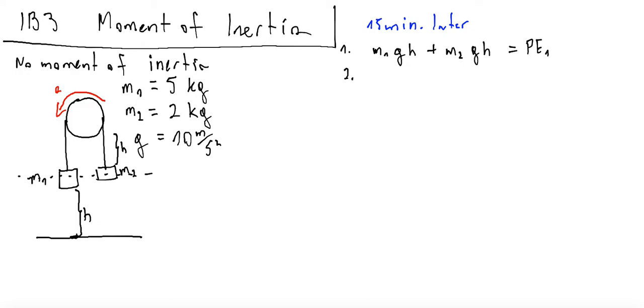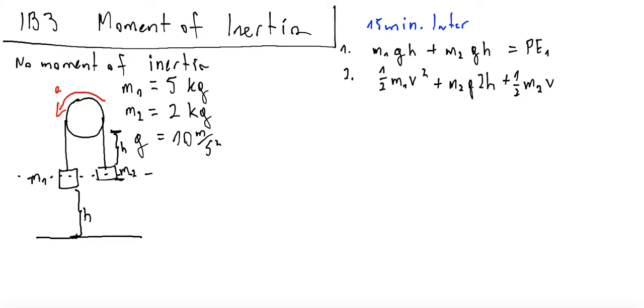We have mass 1 which hits the ground with speed v1, so this is half of m1 v1 squared. And mass m2 has both kinetic and potential energy because it is placed at a distance of 2h, initial h and final h, and it also moves with speed v1, so I'm going to use index maybe v, not v1, because mass m2 moves with the same speed but up.